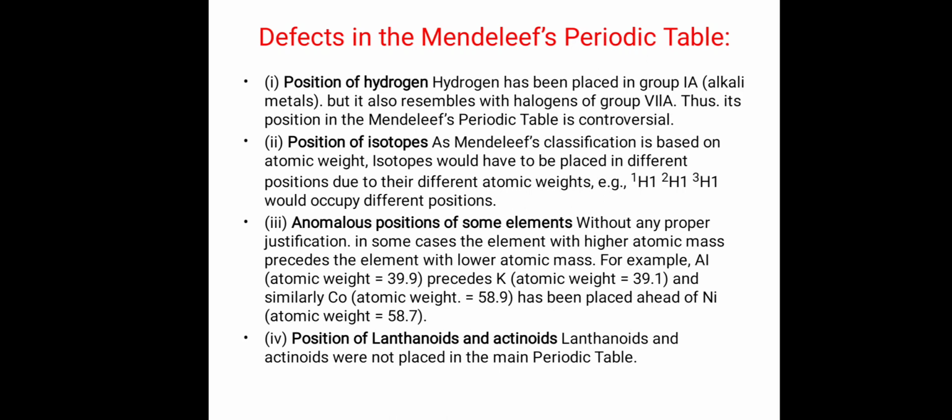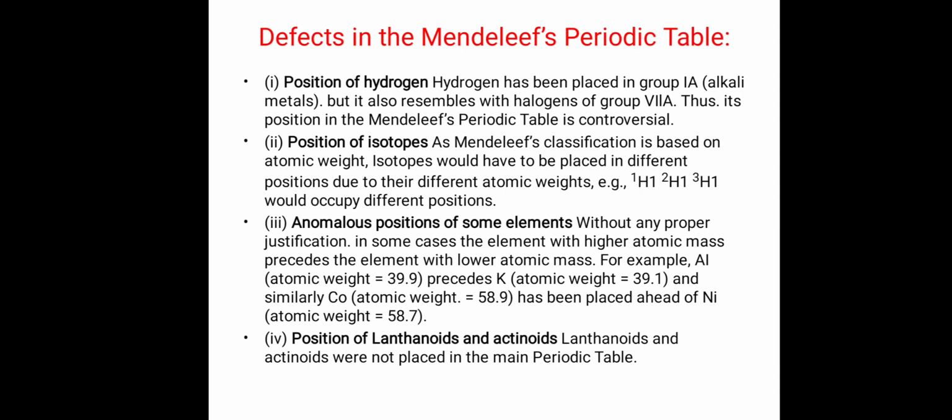Defects in Mendeleev's periodic table. The first defect is the position of hydrogen. Hydrogen has been placed in group 1A with the alkali metals, but it also resembles the halogens of group 7A. Thus, its position in the Mendeleev periodic table is controversial.